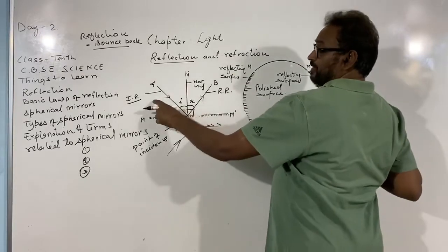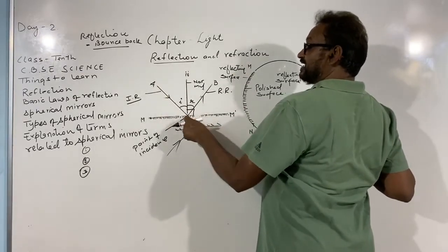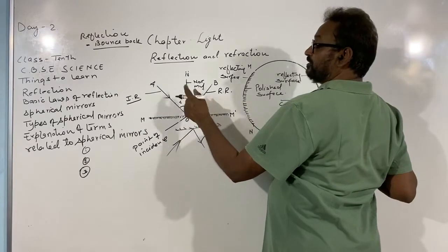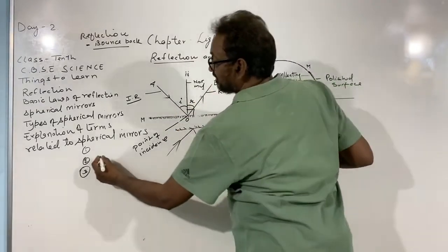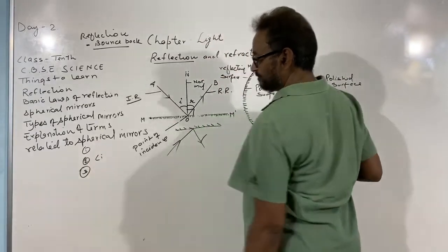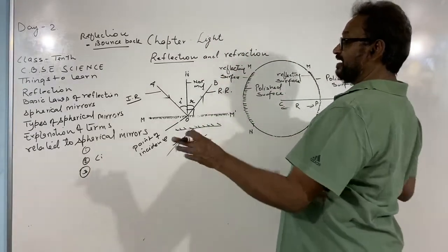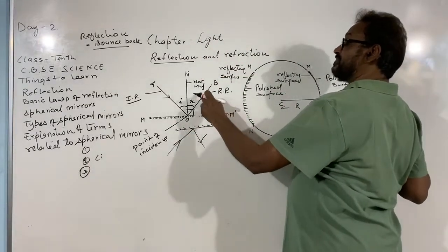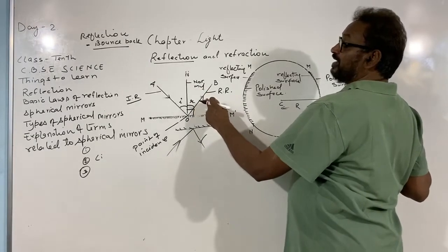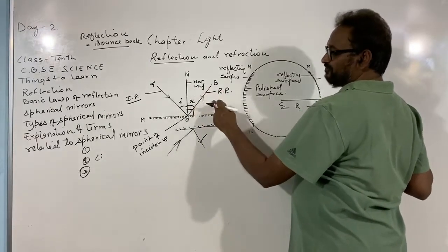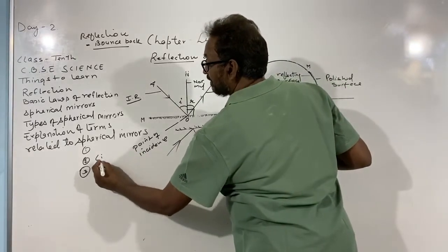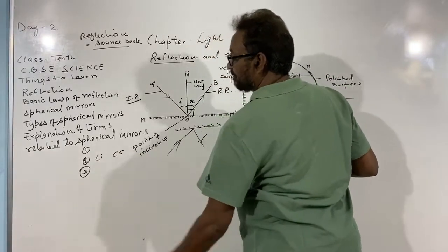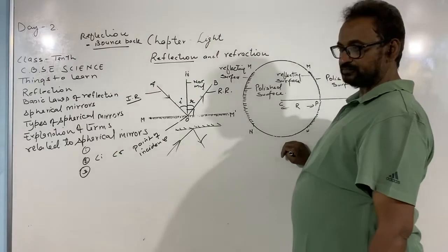The angle which the incident ray makes with the normal is called the angle of incidence and it is represented by angle I. The angle which the reflected ray makes with the normal is called the angle of reflection and it is represented by R.